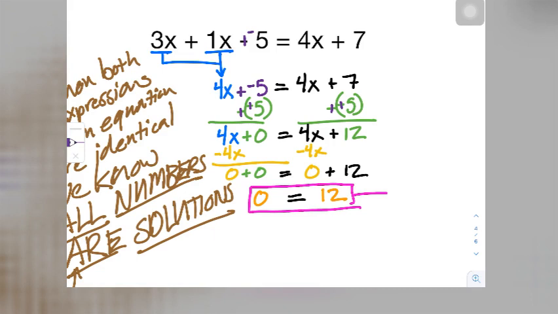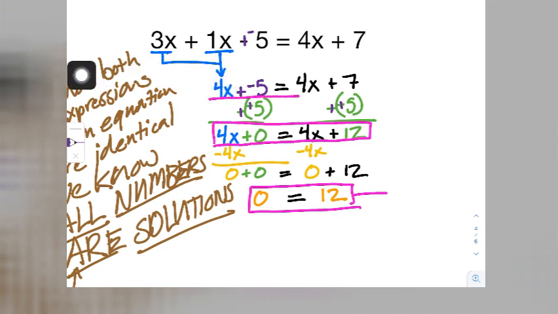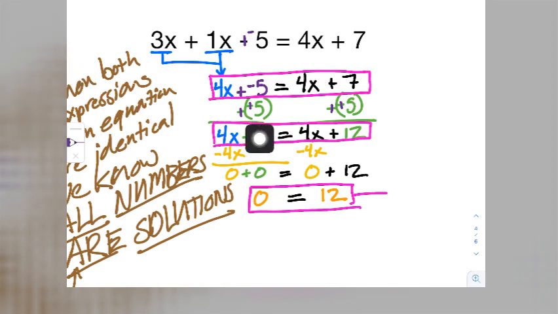And so when you see that, I could actually see that up here too. 4x, it doesn't matter what x is here. There is no value that if I multiply it by 4, I will get the same answer as if I multiply it by 4 and add 12 to it, right? When I see that the variables, that's the x's, match, but the constant numbers, that's the numbers that don't have variables, don't match, there's a very different thing going on here.